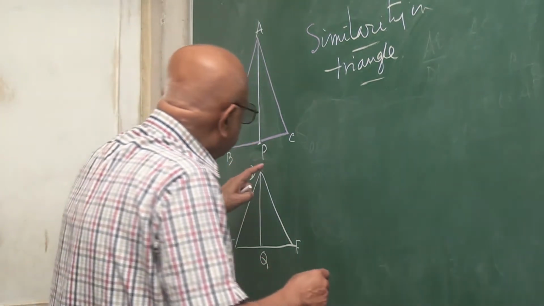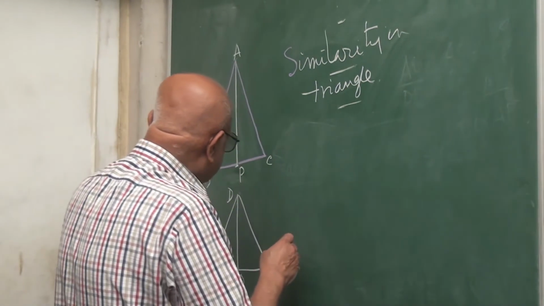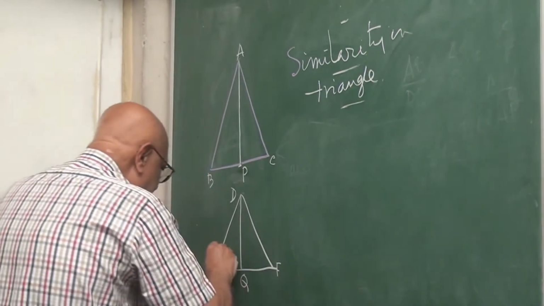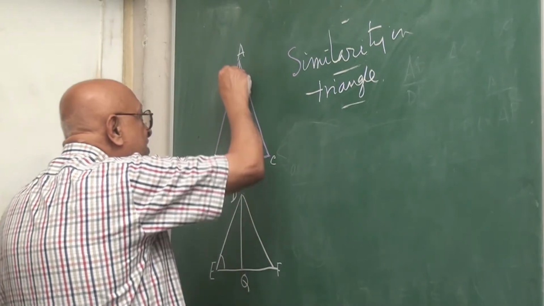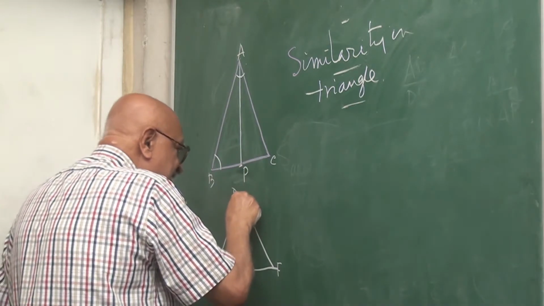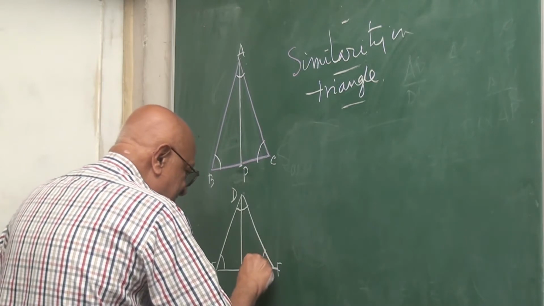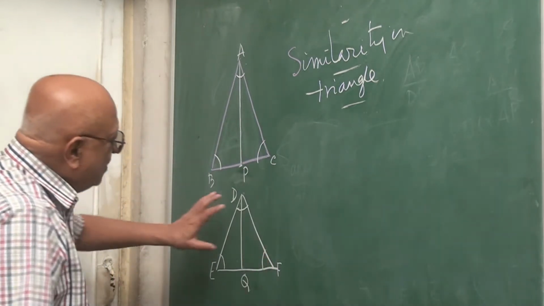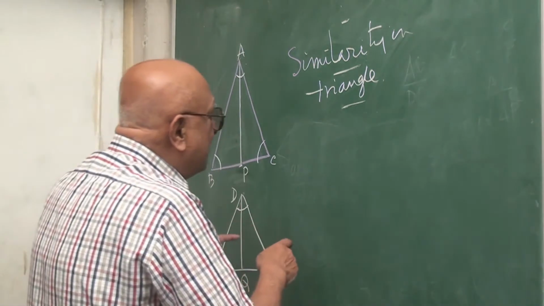So we remember two things. First of all, if these two triangles are similar, their corresponding angles are equal. So the corresponding angle of A will be D, and the corresponding angle of C will be this one. Now, what is the other condition?